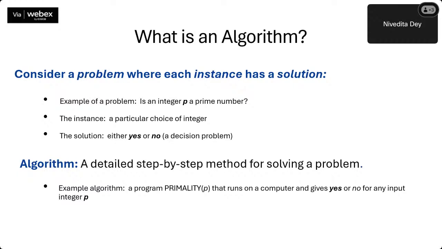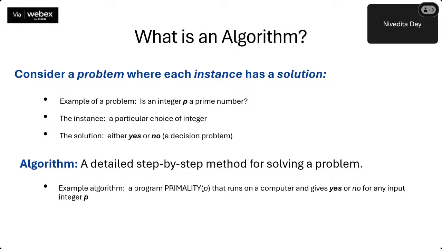That means I put the number of colors as 3 and try to color it based on the rules of graph coloring, that no two adjacent vertices can be colored with the same color. If I can do that, it doesn't matter whether I need fewer colors or not; if it says yes, it is colorable, then we call it a decision problem, where we answer a yes or a no.